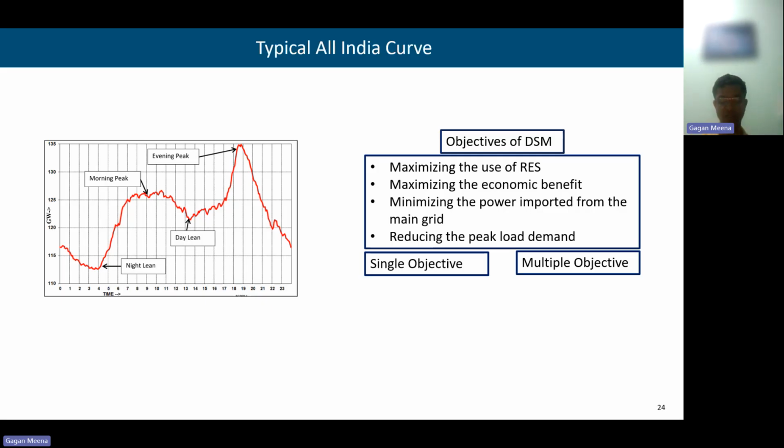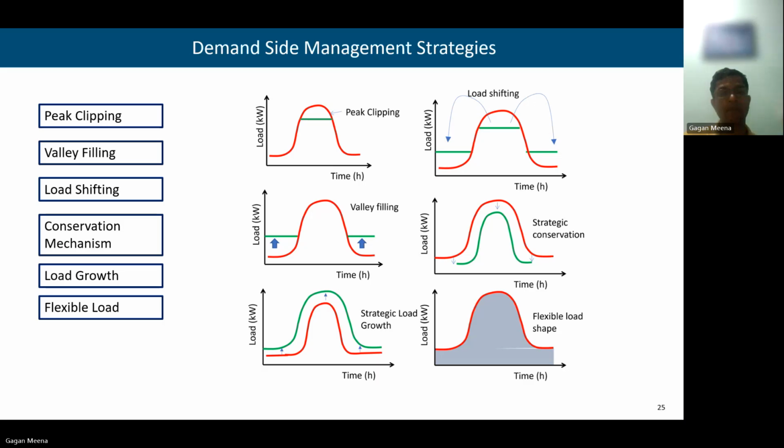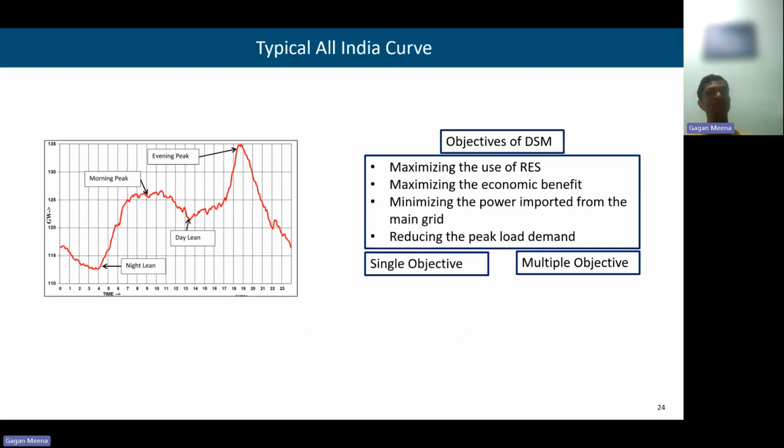Here we have two entities, one is the utility and another one is the consumer, and both of them would want to increase their benefit. Single objective would mean that the operator considers only the benefit of one of the two. Multiple objective means we try to meet both of their objectives.